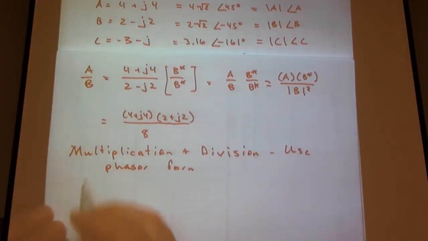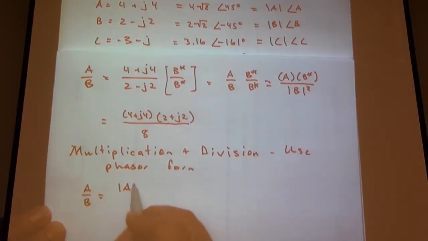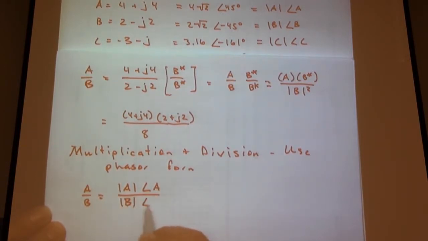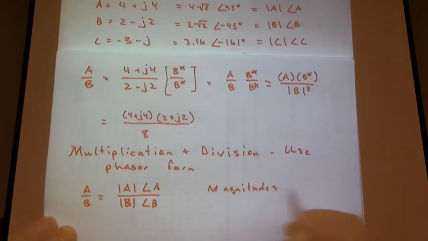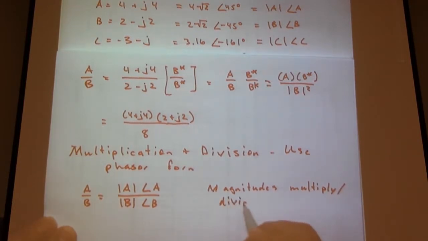And so in this case, we have A over B, which we can write as magnitude A, angle A, over magnitude B, angle B. And so, for multiplication and division, magnitudes multiply or divide using, I guess we could call them normal math rules.